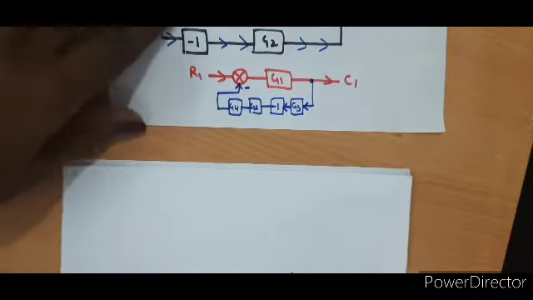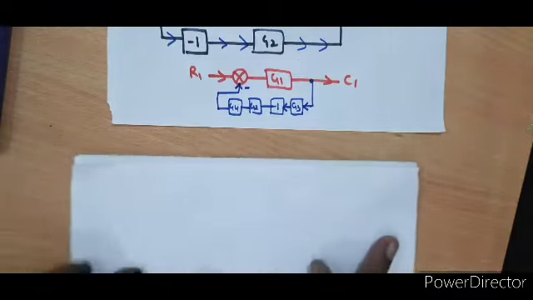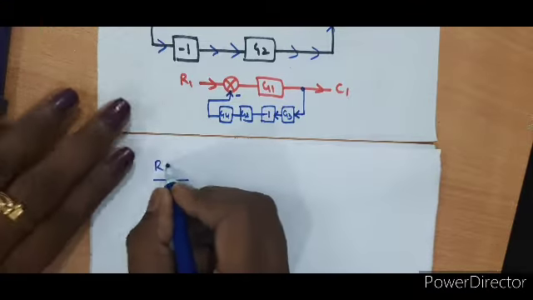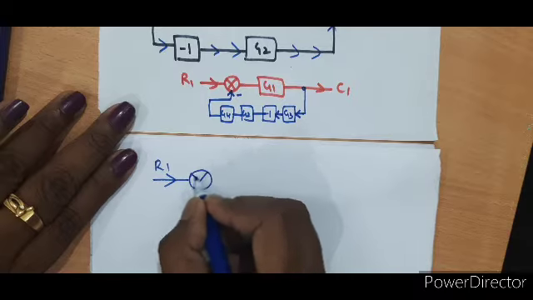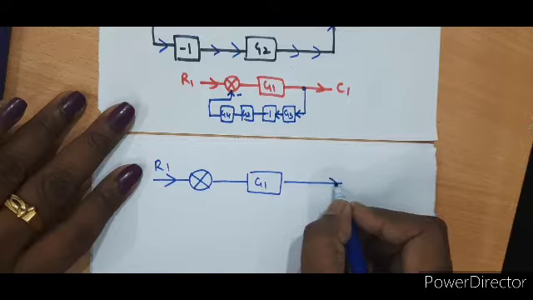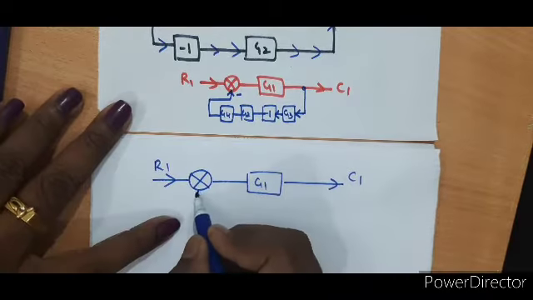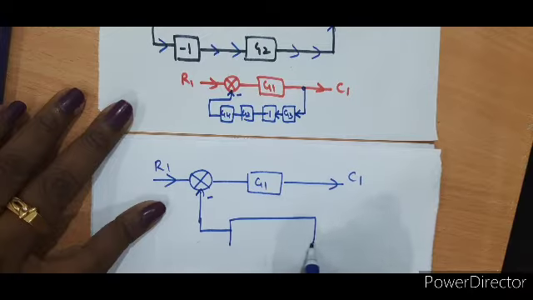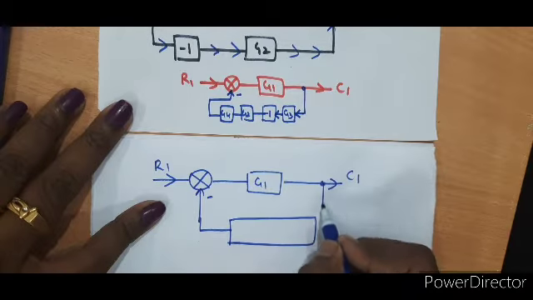Now I am going to apply my rules. What are my rules? When the blocks are in series, they get multiplied. So G1 is as it is and I am going to get C1 here. Now I have to find the blocks in series, which will get multiplied.